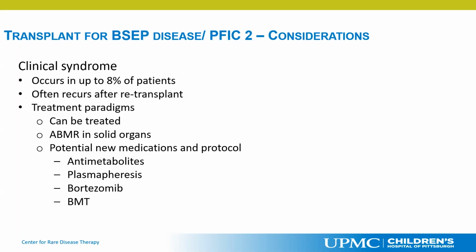It would actually be a way to ameliorate all of the production of antibody against the new liver. And that's really the only way to completely do it. This has never been done, it's never been tried, but it's certainly something we've talked about in the past clinically, and I'm sure has been talked about in other centers.